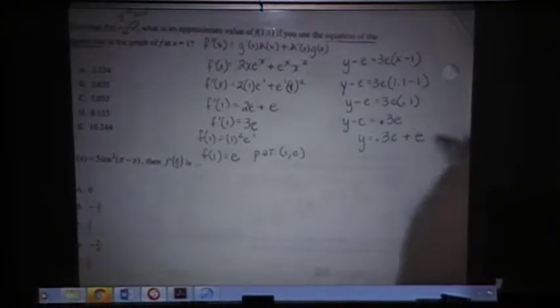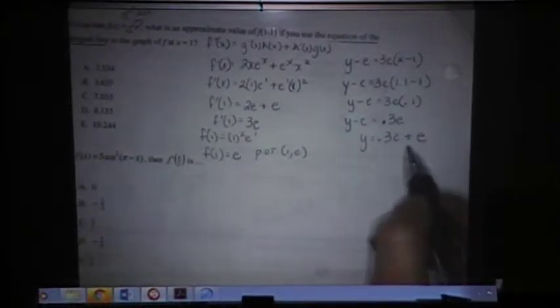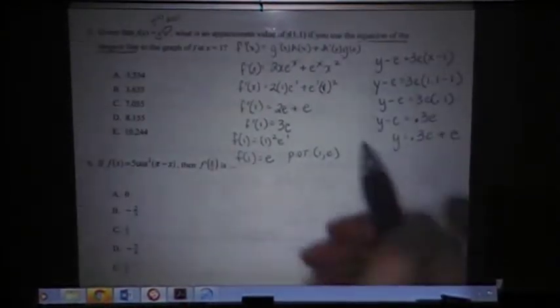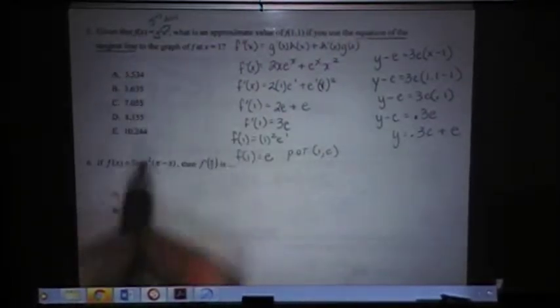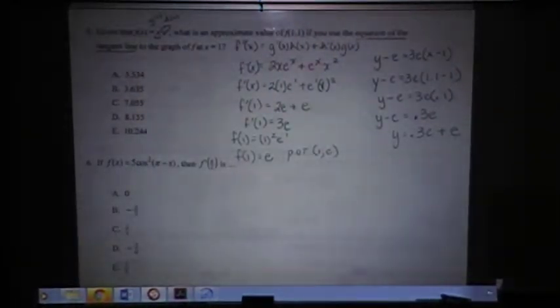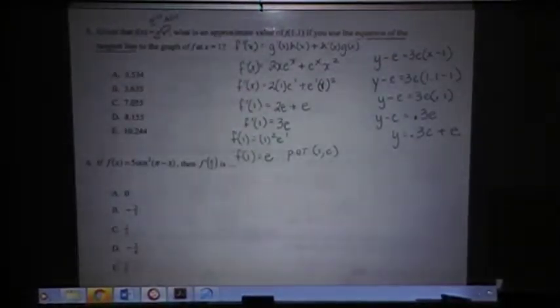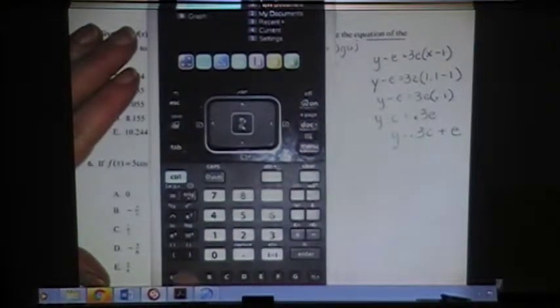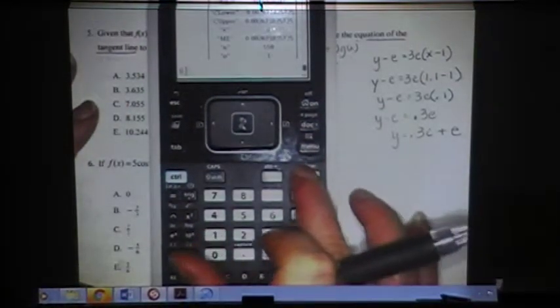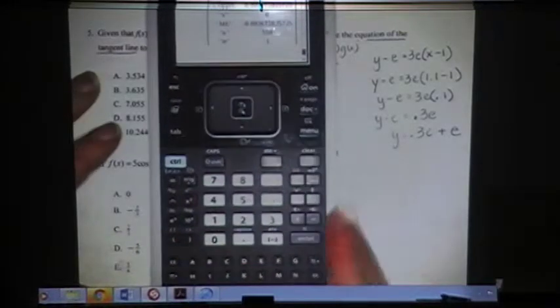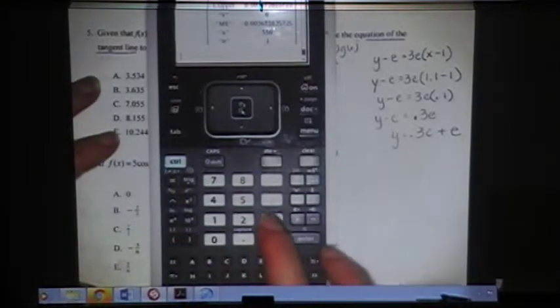So obviously, if you're looking at this, this is my answer. I go over and look at the answer sheet and they're all actual decimals, so I'm just going to plug that into my calculator. On your calculator, I'm going to plug in 0.3.